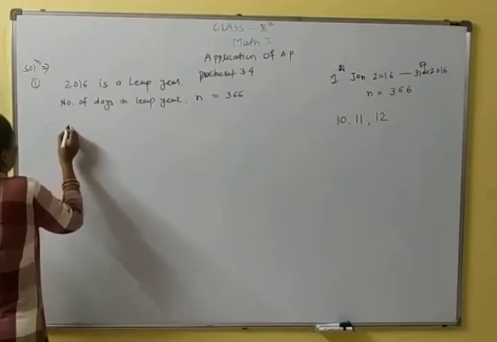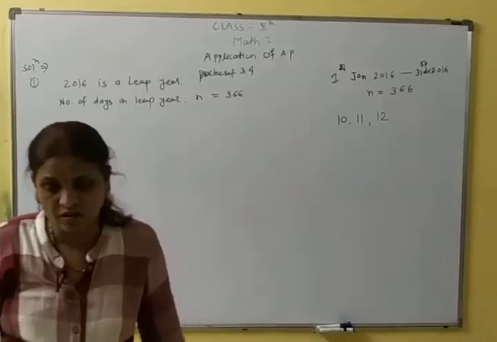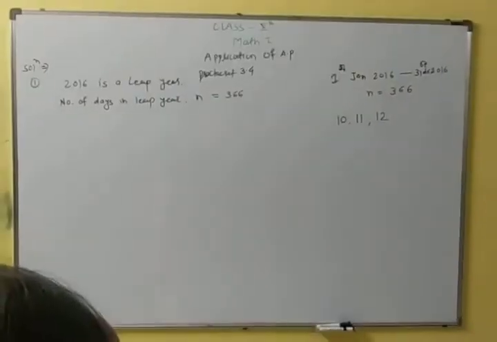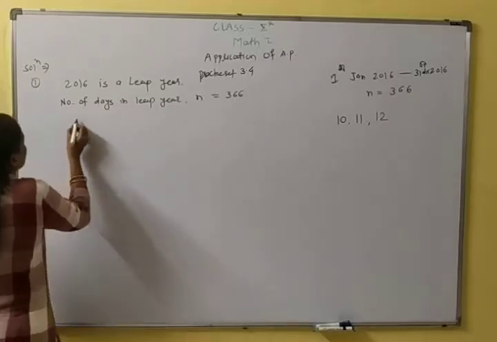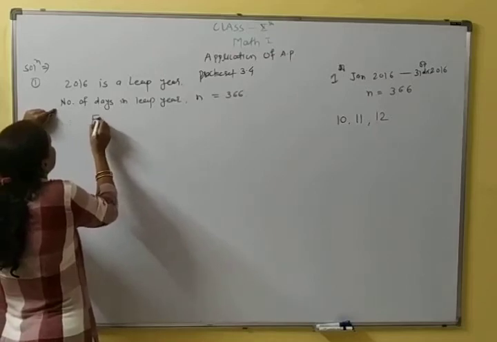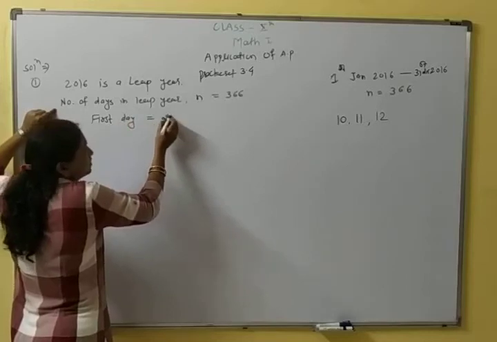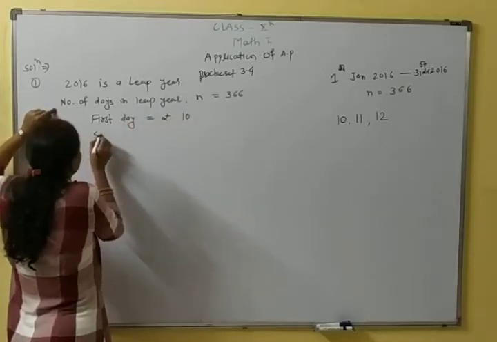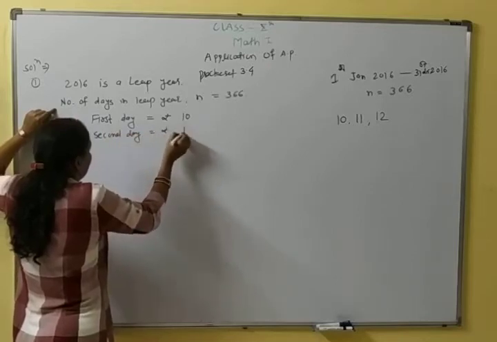So, therefore, rupees 10 on the first day, rupees 11 on the second day, rupees 12 on the third day. If she decides to save like this, therefore, first day rupees 10, second day rupees 11.